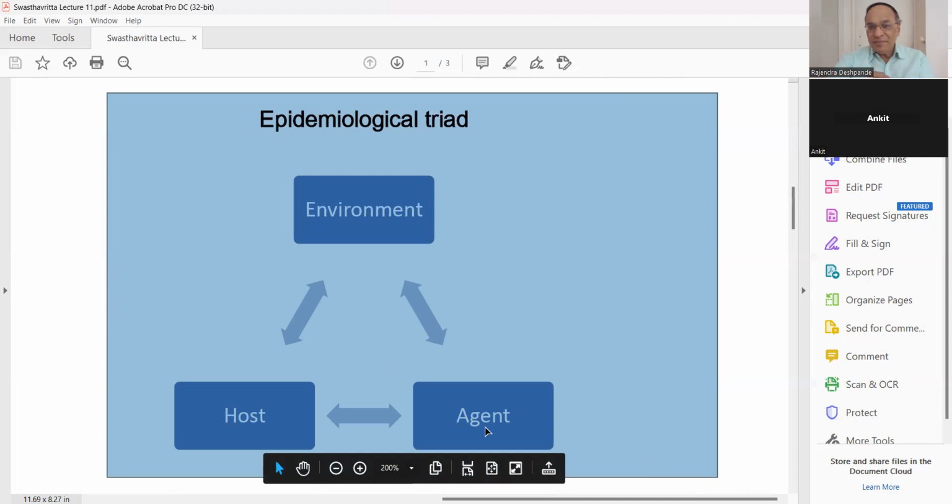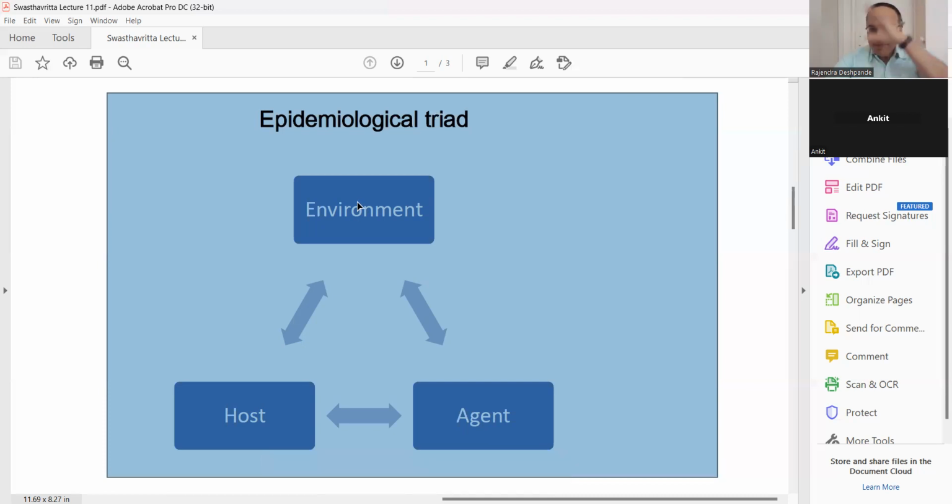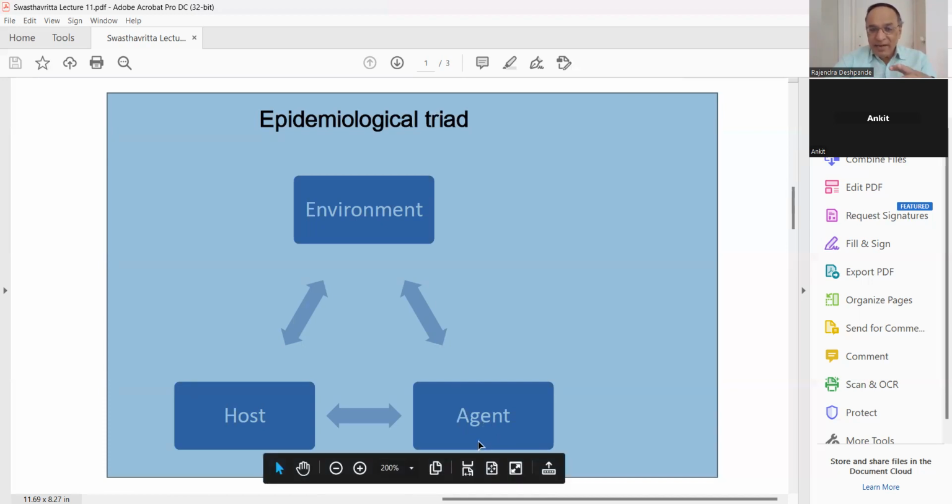Agent. The agent means bacteria. It will enter first. Of course, the bacteria will start from the environment. In a polluted, contaminated air environment, the agent will be there, and that agent will come into the host, and the host is always in contact with the environment.